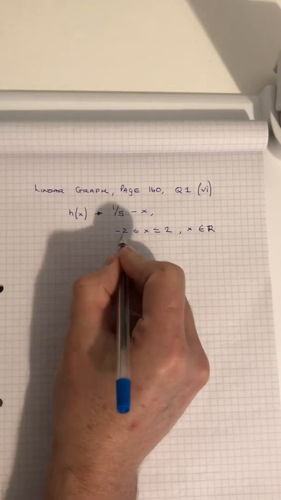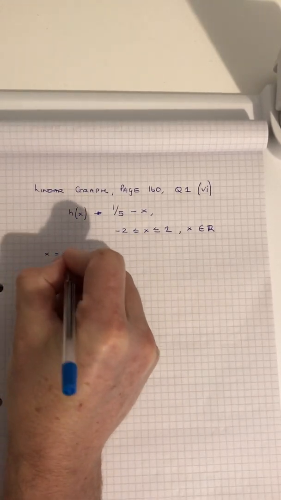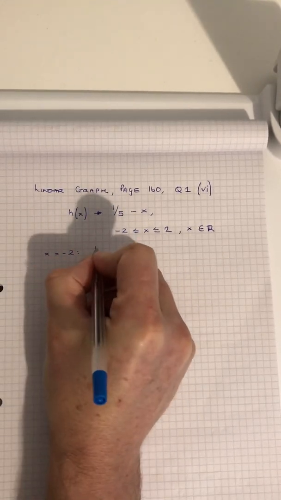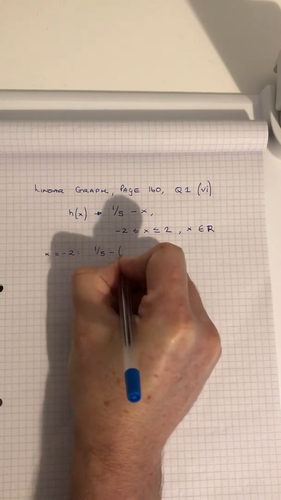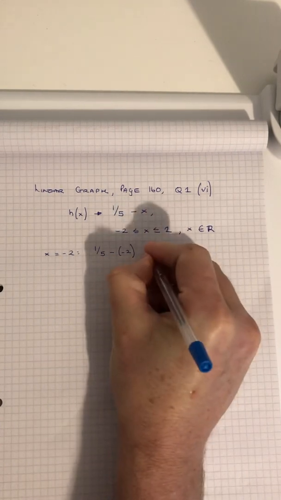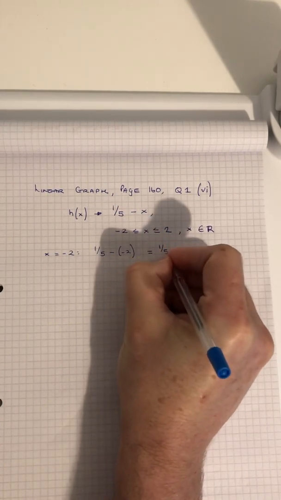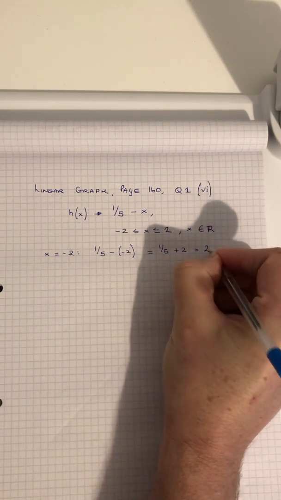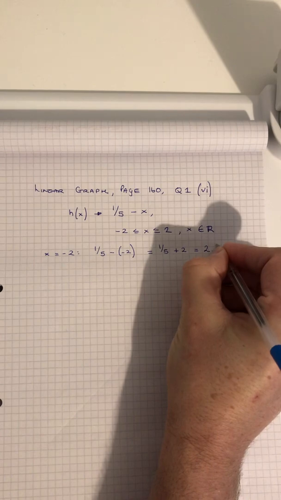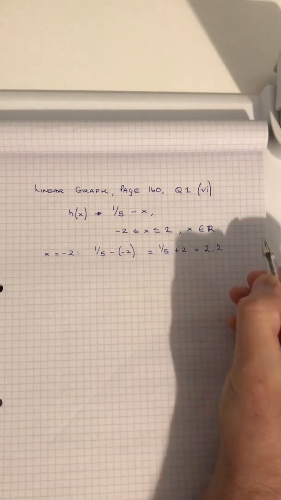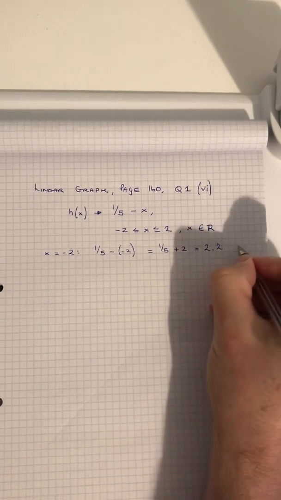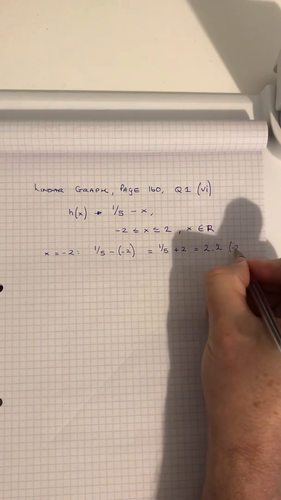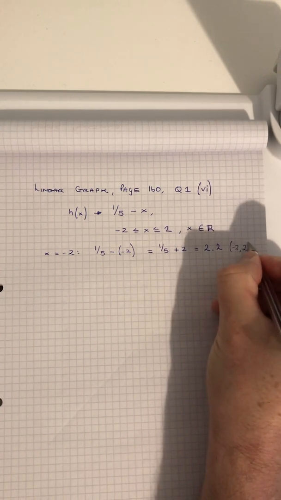So in this case I'm going to let x equal to -2, so 1/5 minus, and in brackets -2, which will be 1/5 plus 2, which would be 2.2, or 2 1/5. So in this one we put in -2 and we get out 2 1/5.